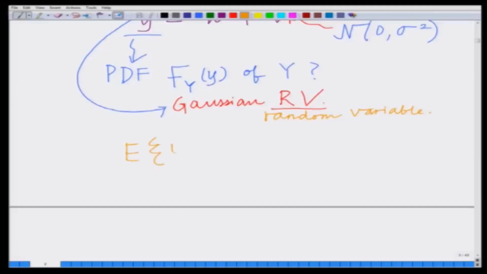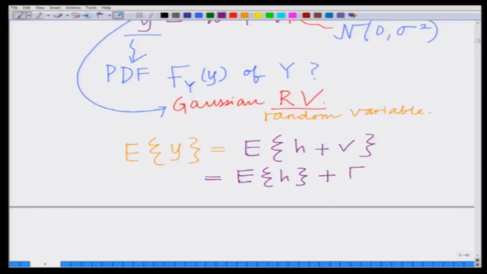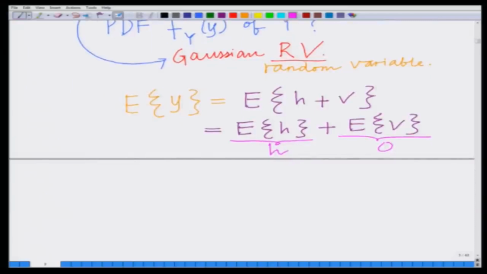The expected value of y equals the expected value of h plus v, which equals the expected value of h plus the expected value of v. We have already seen that v is zero mean, so the expected value of v is 0, and h is a constant, so its expected value is h. Therefore, the expected value of y equals h.